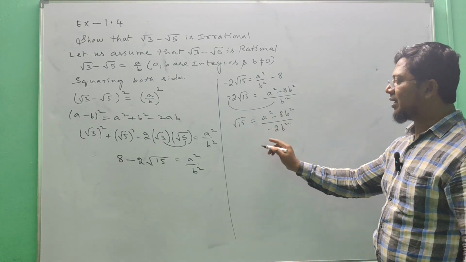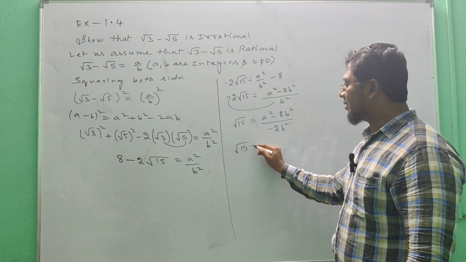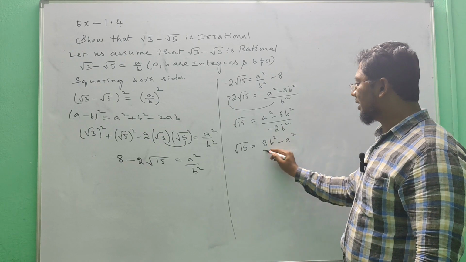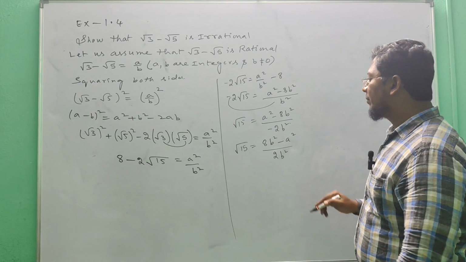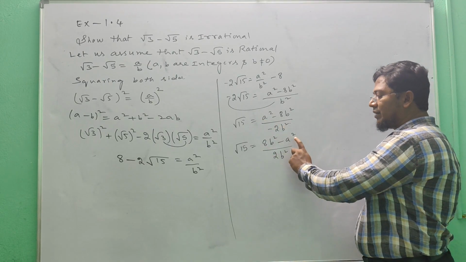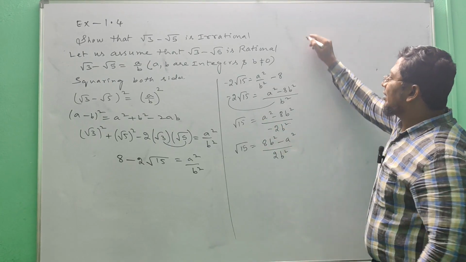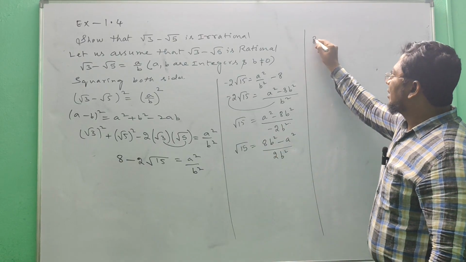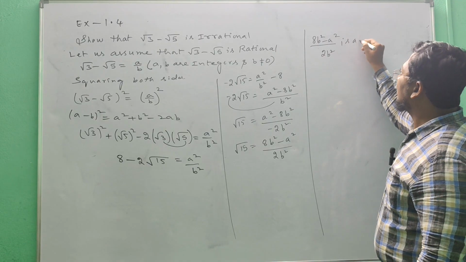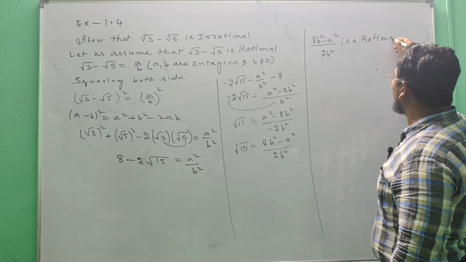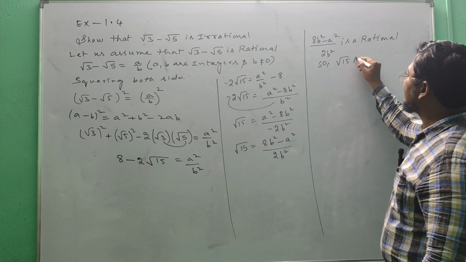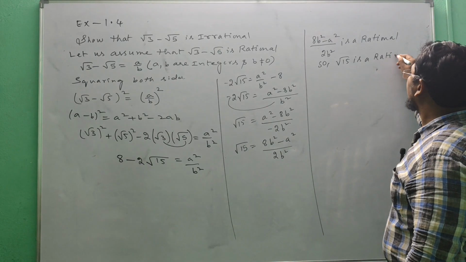So how to remove this minus sign? Just replace negative with positive and positive with negative. Then the minus sign will be cancelled. Meaning for minus 8b square we write a positive sign and for plus a square we write a negative sign. Again we write the step. This is the RHS. 8b square minus a square by 2b square is a rational because it is in the form of a upon b now. So root 15 is rational.